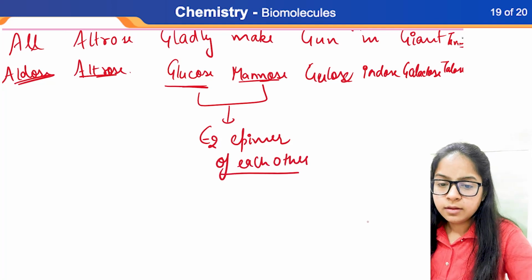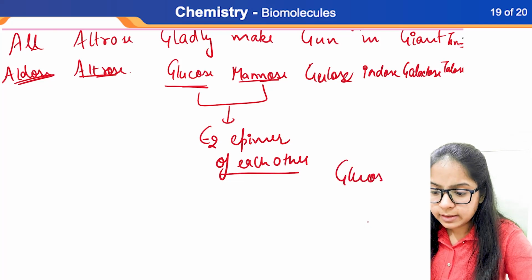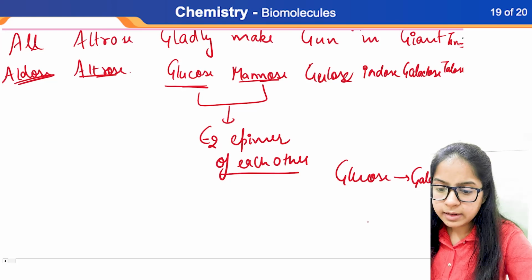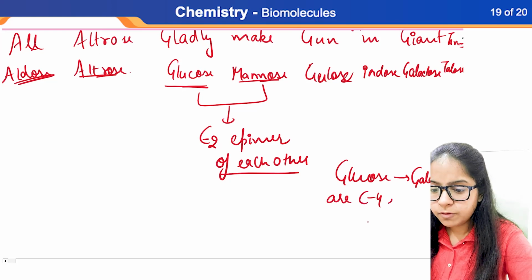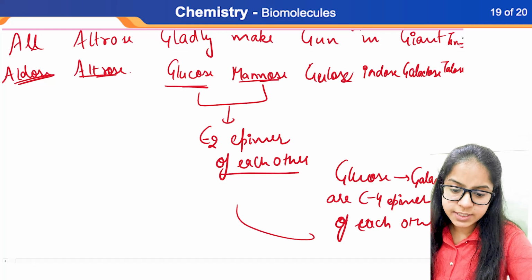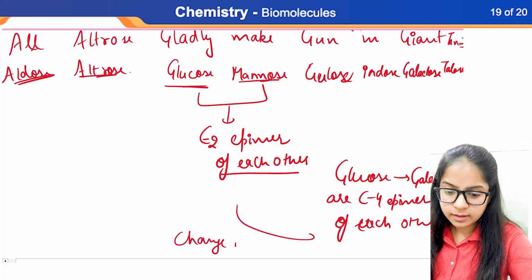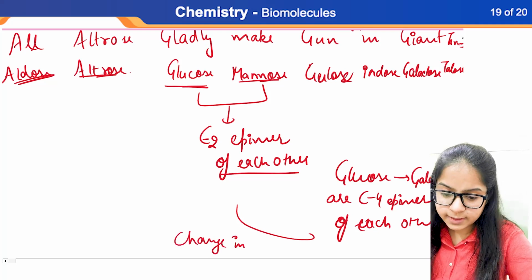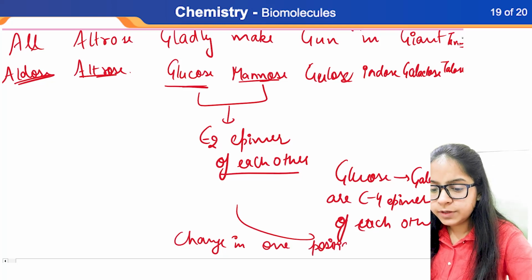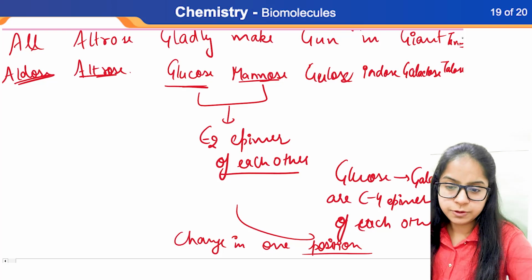Okay, glucose and galactose are C4 epimers of each other. Epimers are the compounds which have a change in one position, in one configuration of the position.